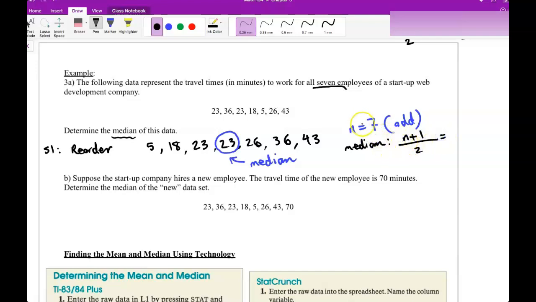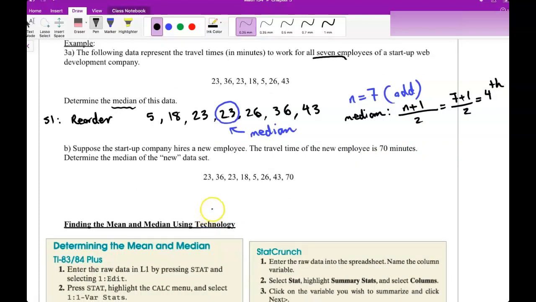The number of observations n is 7. So 7 plus 1 divided by 2, and this is 4th place. Okay, so the answer for that part, the median is equal to 23.